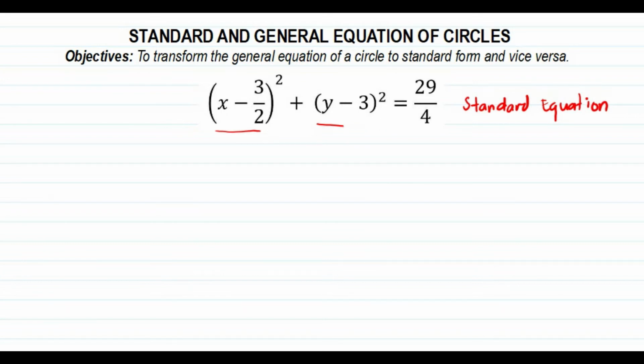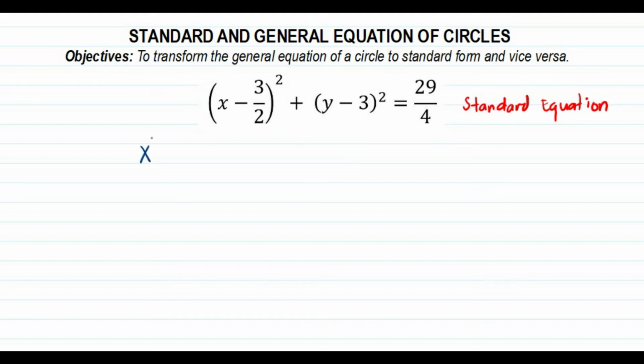Okay, can we now start? To expand the squared of x minus 3 halves, pwedeng hindi na tayo gumamit ng long method, but if you're convenient with that, okay lang. We can use the special product. The special product says that to expand this type of binomial, simply square the first term.